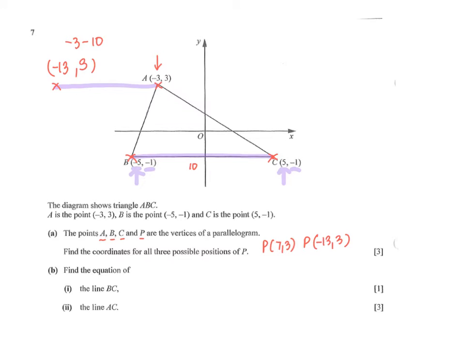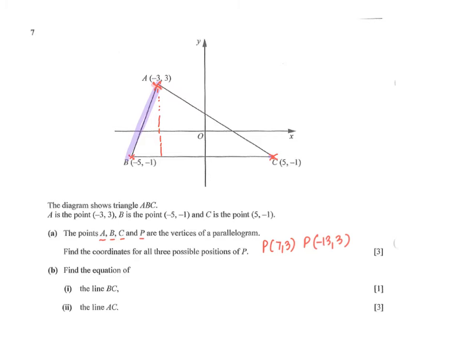I can have another position if, let's say, this line is not the pair of parallel lines. So I'm not going to observe this now. Let's take a look at if I were to have another side to be parallel. For example, I can have the line to be parallel to this side, AB. What is AB made up of? From point A to point B, I can see it forms a right angle triangle.